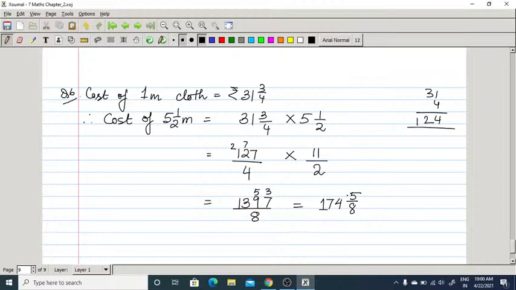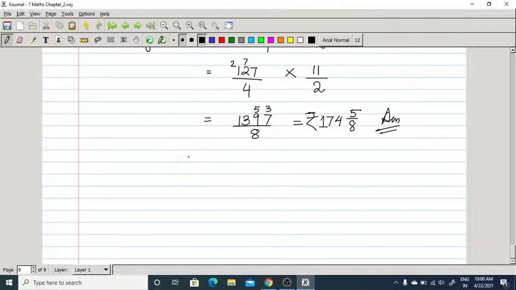Yeah, so this is my final answer. You can also write the final answer in this way, in a separate box. This is a very good practice actually.